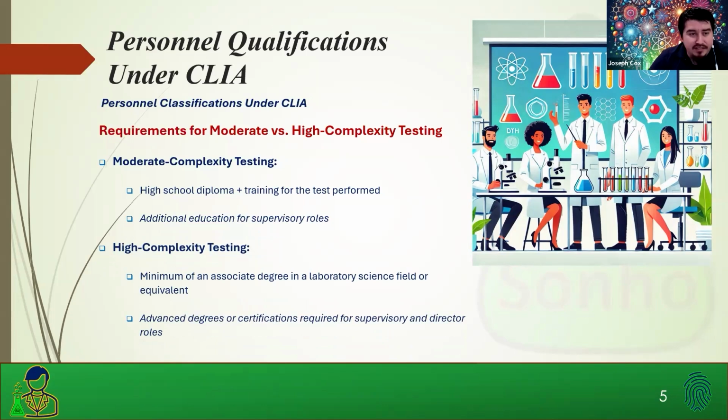So as it's implied, high complexity requires more science, more thought process, more knowledge, and therefore a higher degree training. Typically, a bachelor's degree is required, but in some instances an associate degree with certain qualifications can be applicable.